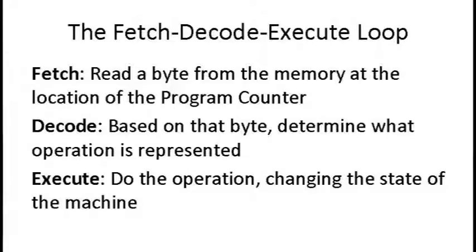So what a CPU does is it looks down that number, it finds its spot, it pulls out a number, that's fetch. It looks up that number in a great big table and sees how to react to that number, given the state of the machine. And then it does it, that's execute.